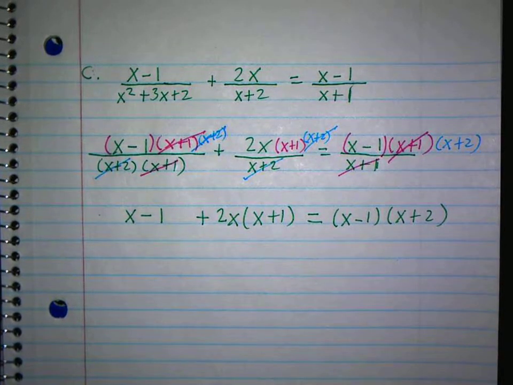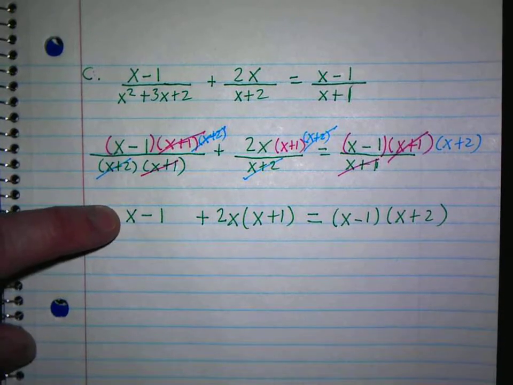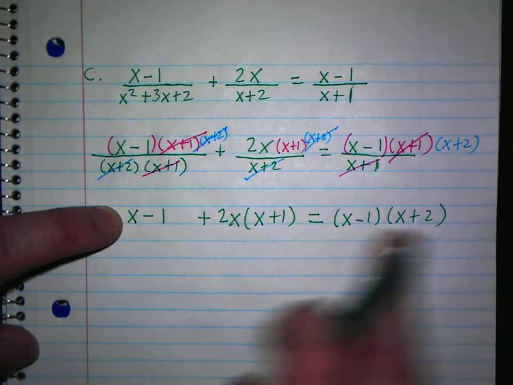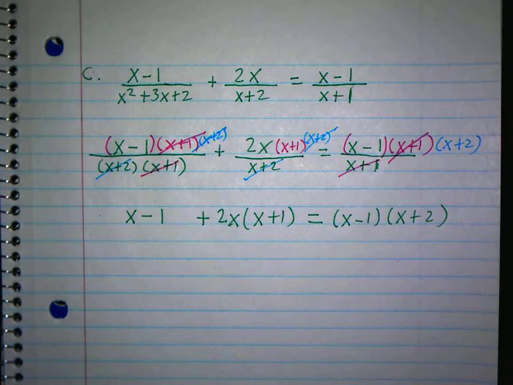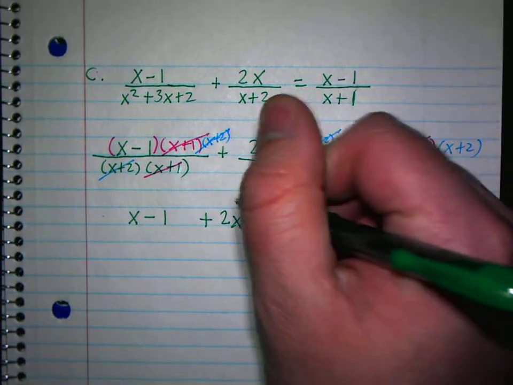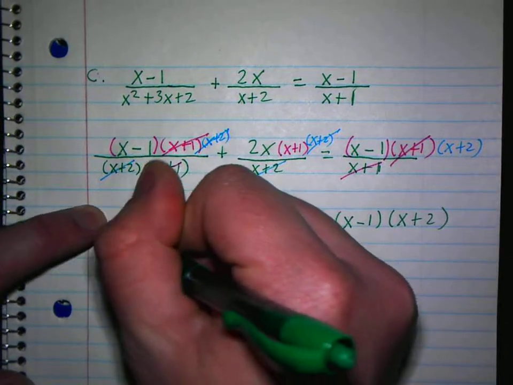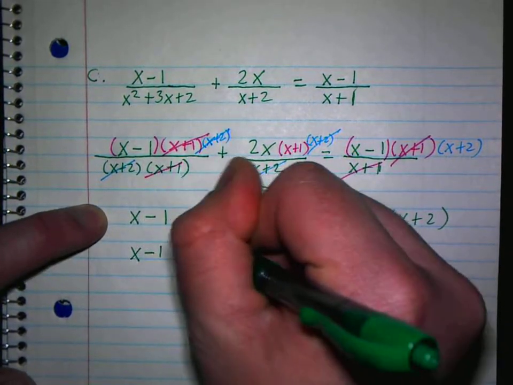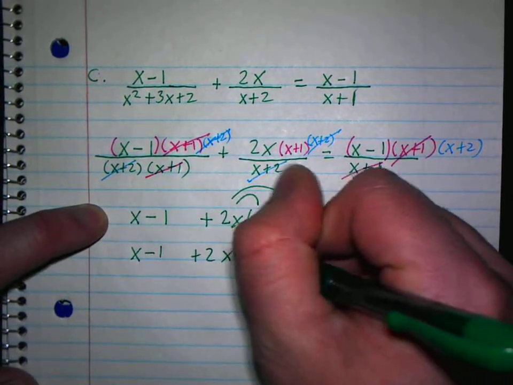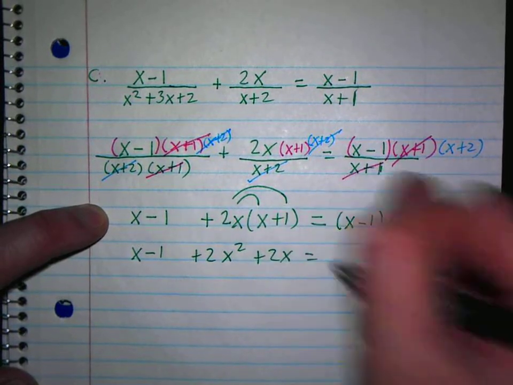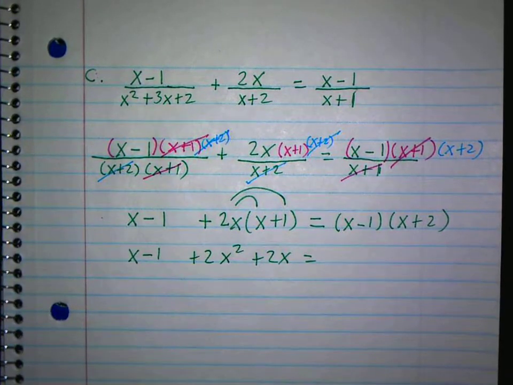Right? And so what am I going to do? Yeah, but I have parentheses, right? So we want to get rid of those parentheses by distributing. So it's 2x squared plus 2x equals, and how do you multiply a binomial times a binomial?